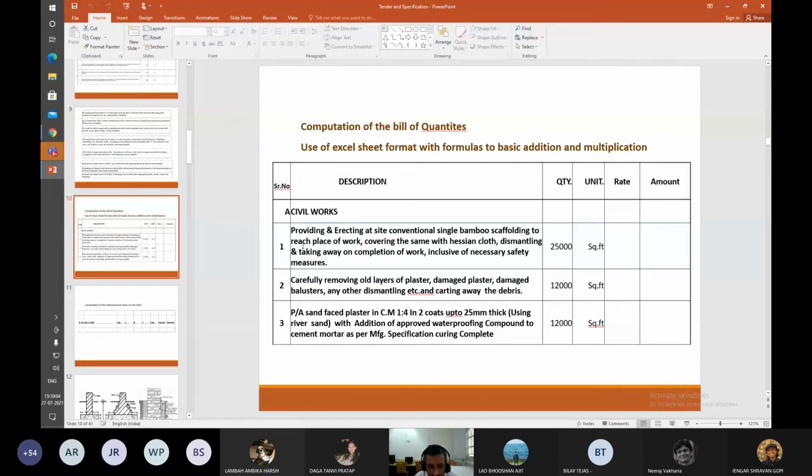25 mm is the mortar we put for laying tiles. 150 mm. Okay. 6 inch minimum, 150 mm. PCC is somewhere between 100 and 150 mm laid always.